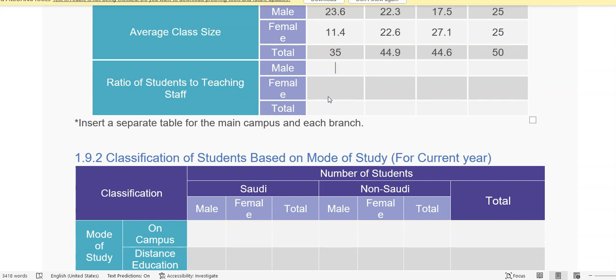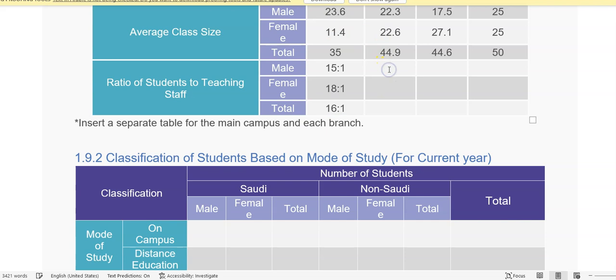So you have to start with students. For example, 15 to 1, 18 to 1, total. Now for the total, you can take the average or take the total number of students, male and females, and divide it by the total number of male and female faculty members, which will be more correct.